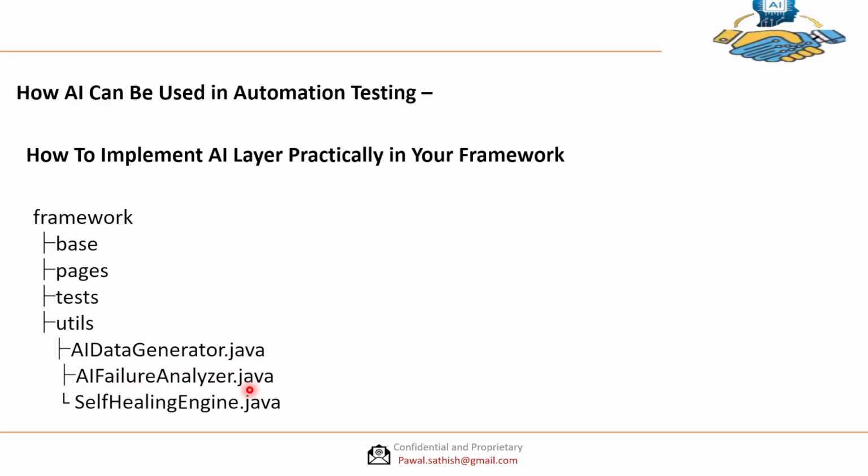Then an AI failure analyzer: as I mentioned, if we need to analyze a failure, we analyze the logs, screenshots, or compare the test reports, and we write that logic in this class. Then a self-healing engine: because the ID, name, or XPath got changed and scripts are failing, we'll add our logic in this class, and we'll use the same class when we are developing our script.